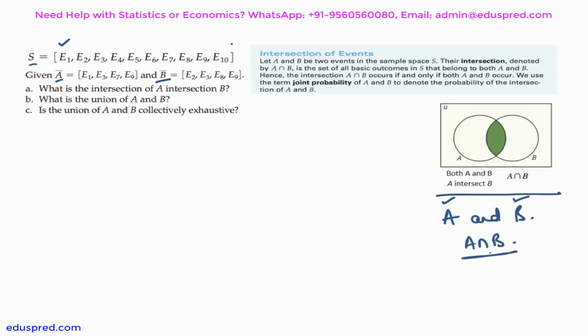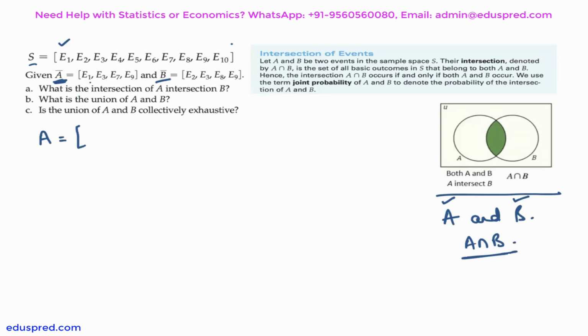But before finding A intersection B, first we need to find the event A and event B, because in the question we have been given A complement. Now what is the definition of A complement? A complement means all those elements in the sample space which are not a part of the event A. So if I want to find A from A complement, I will have to look at all the outcomes which are a part of the sample space but which are not in A complement, right?